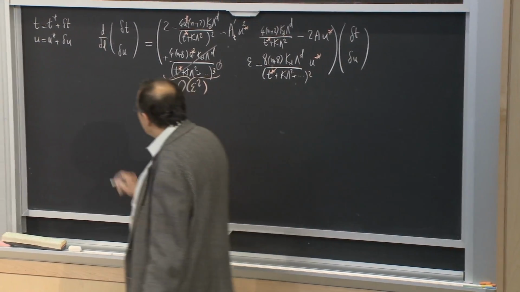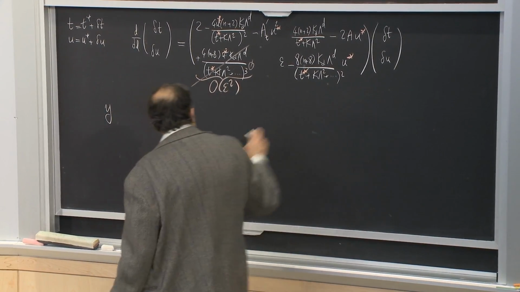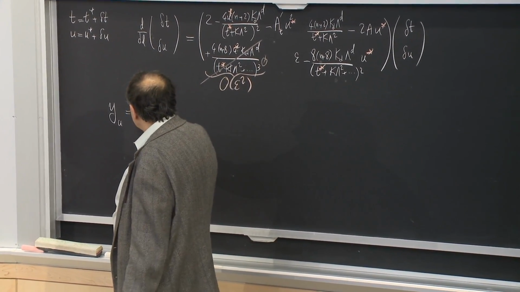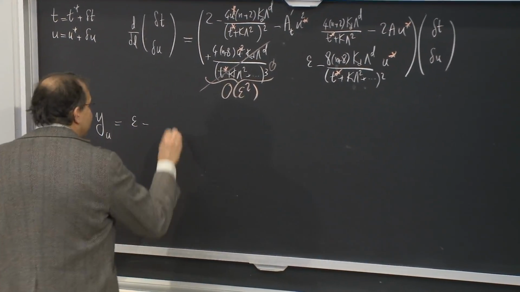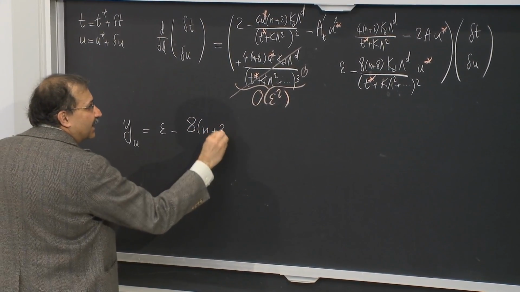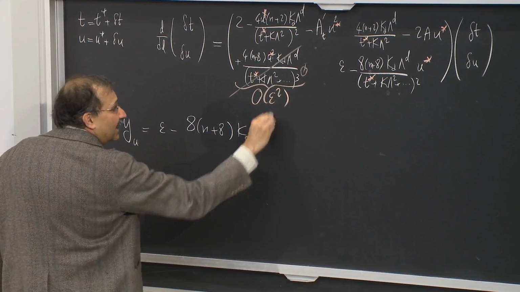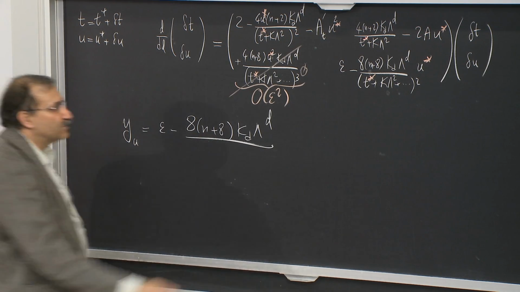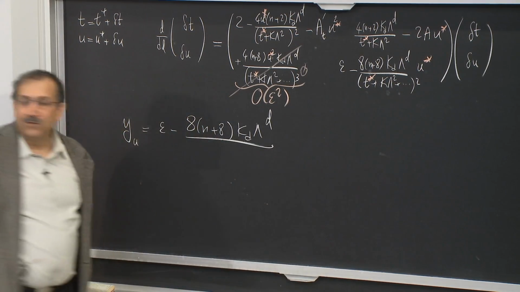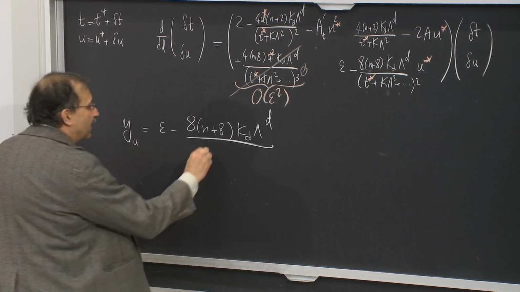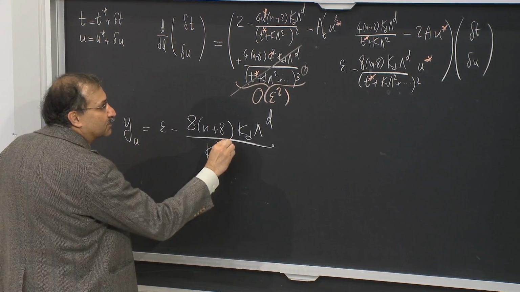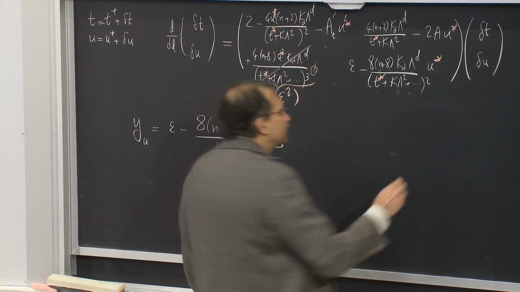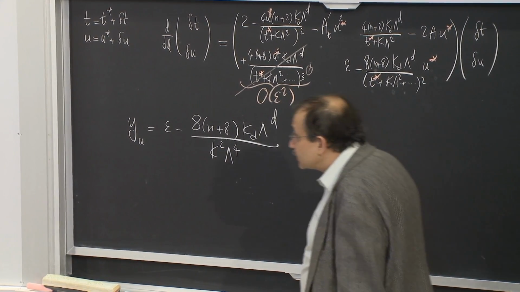Let's calculate the eigenvalue that corresponds to this element. I will call it yu. It is epsilon minus (8n plus 8) kd lambda^d t star. Well, since I'm calculating things to order of epsilon, I can ignore that t star down there. I have k squared lambda^4, or k squared lambda squared and so forth squared, multiplied by u star.